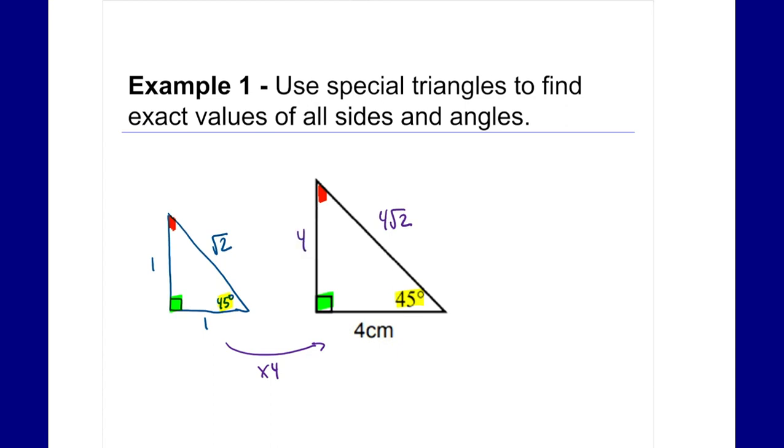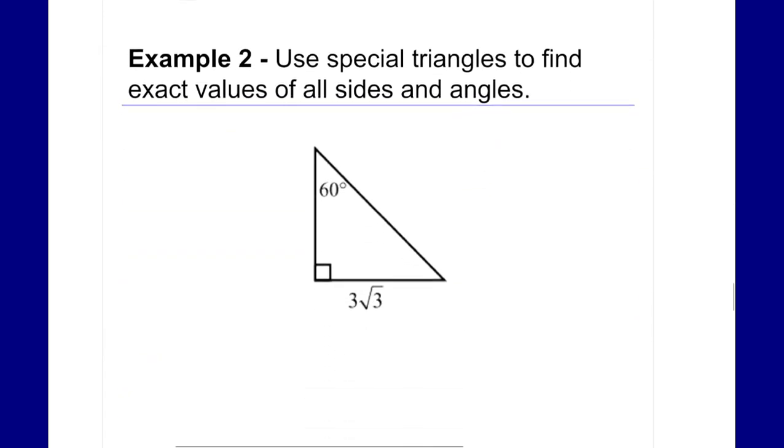So we have an isosceles triangle with two angles as 45, and a hypotenuse of 4 times root 2, which is similar to the other triangle, just 4 times bigger. So again, that's how we can use special triangles.